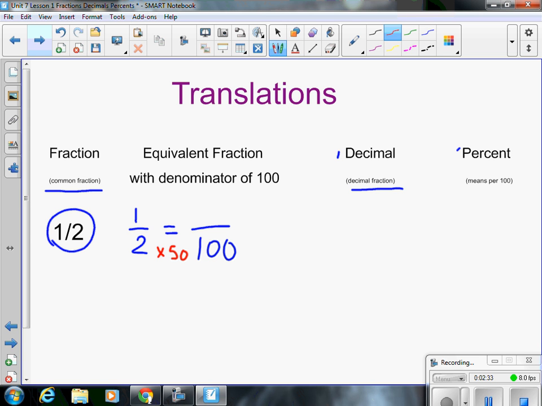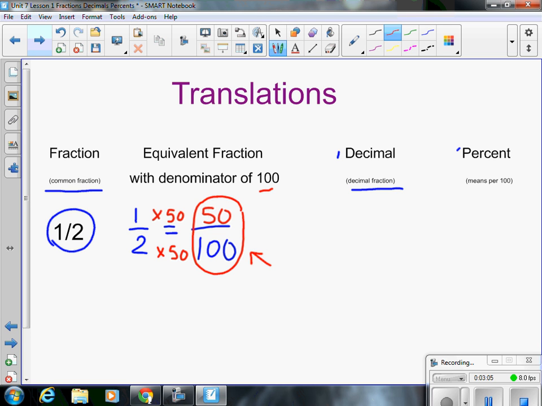So 2 times 50 cents would be 100. So we do the same to the top. 1 times 50 equals 50. So our equivalent fraction that has a denominator of 100 is 50 100ths. And if you remember, that's what we just modeled on our hundreds grid, was 50 out of 100 of those squares.